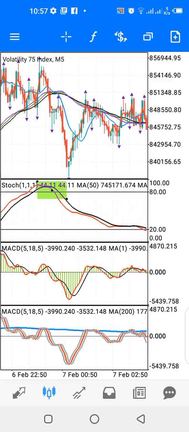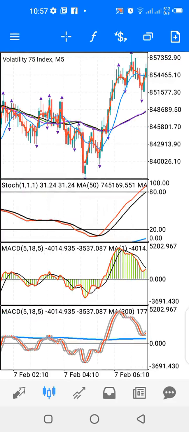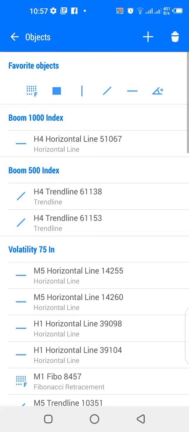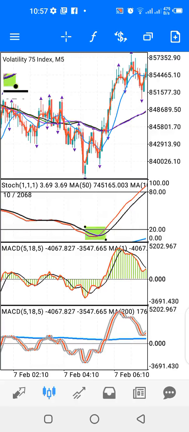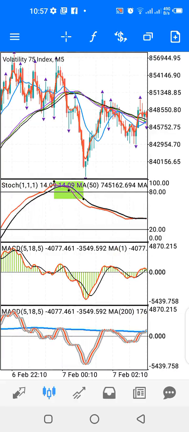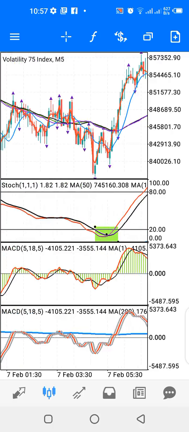Red line crossing up on the black line below the 20, this is your buy signal. So if the red line crosses down above the 80, your sell signal. The red line crosses up below the 20 is your buy signal.